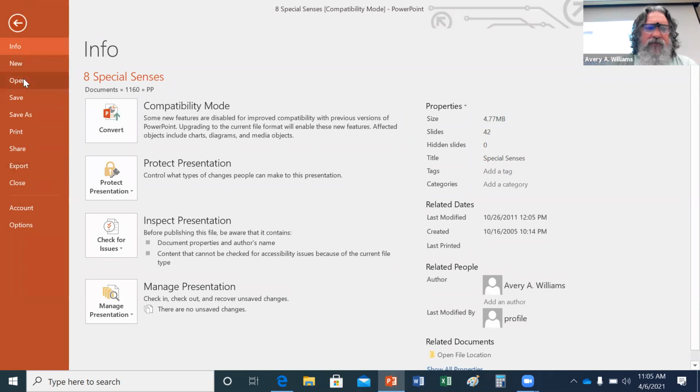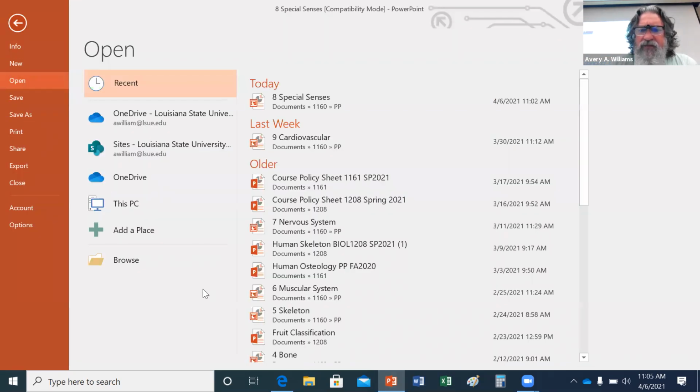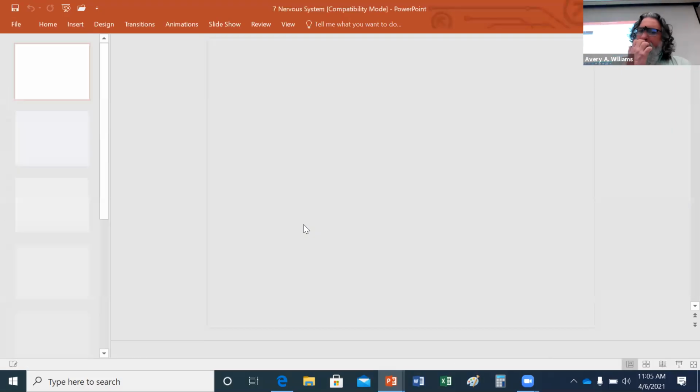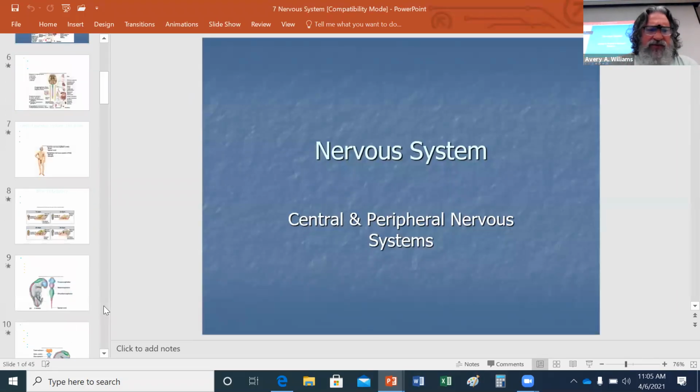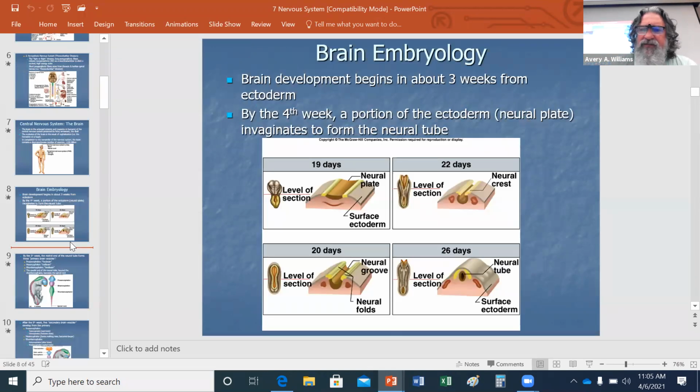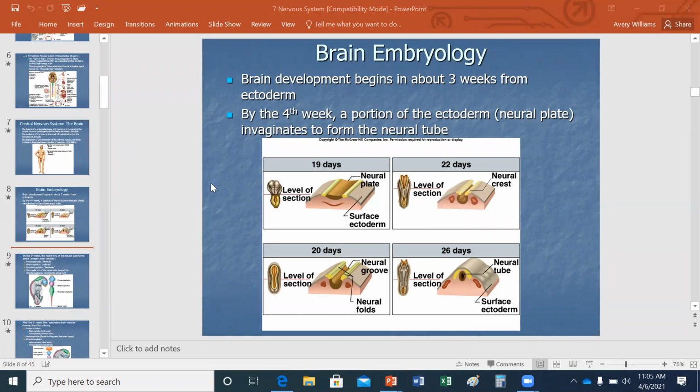So what slide were you talking about? Isn't that one of the germ layers? Yeah. Is this what you're talking about? Brain development begins at about 3 weeks from ectoderm. Yeah, that's what I'm talking about.